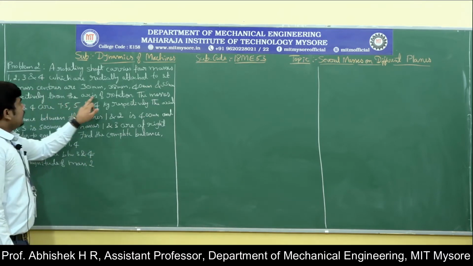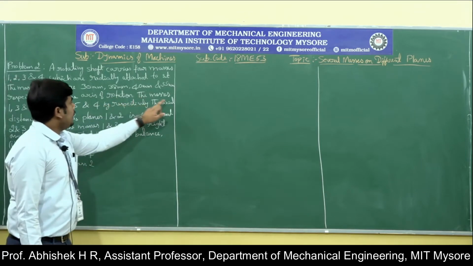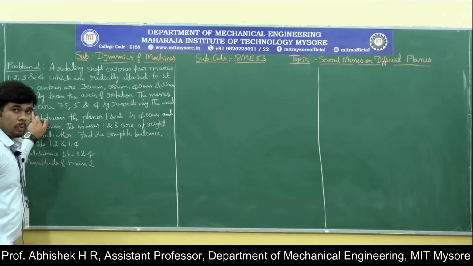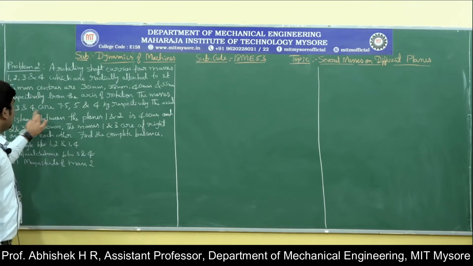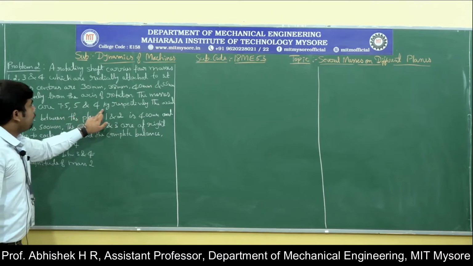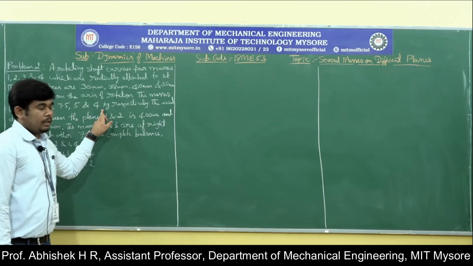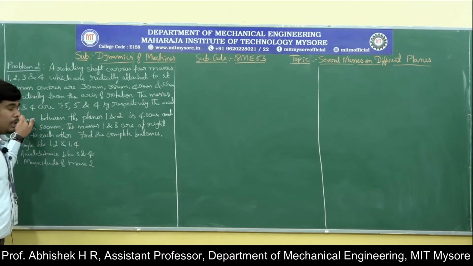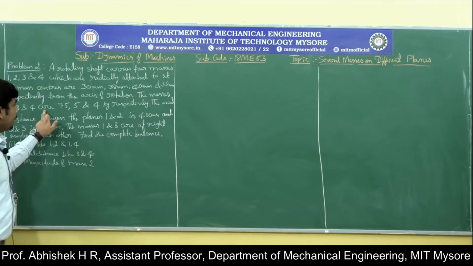Then from the axis of rotation, the masses 1, 3 and 4 are 7.5 kg, 5 kg and 4 kg respectively. We only have mass values for plane 1, plane 3 and plane 4.